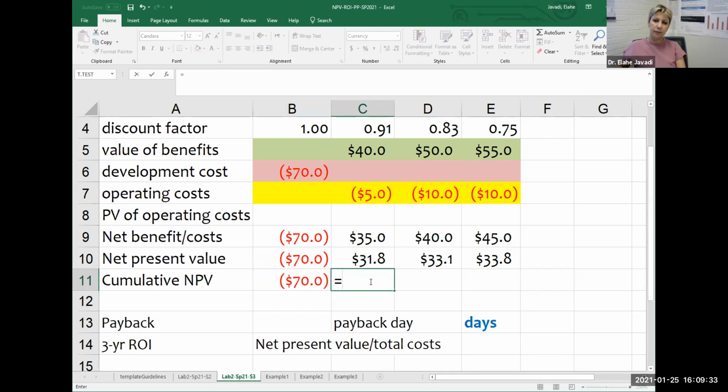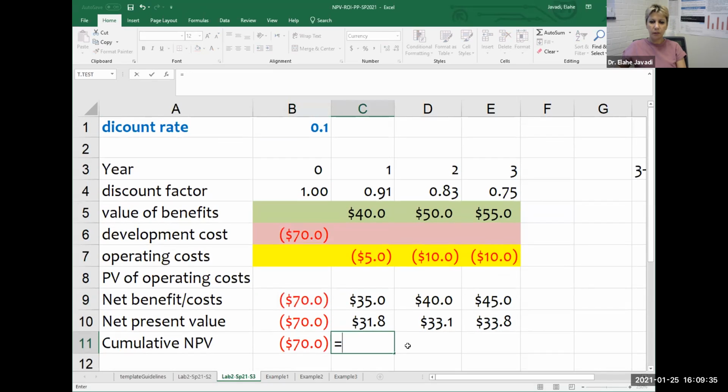But for the years after, which are years 1, 2, and 3, you get what you had up to that year, the cumulative NPV in the cell to the left, and add the money you had during that year. So you're adding the cell to the left to the cell at the top, left and above.